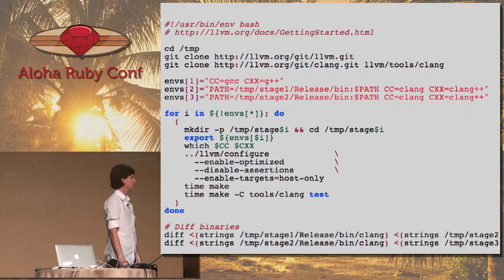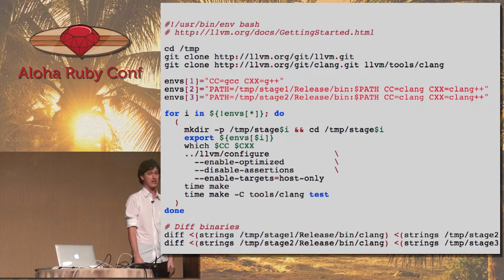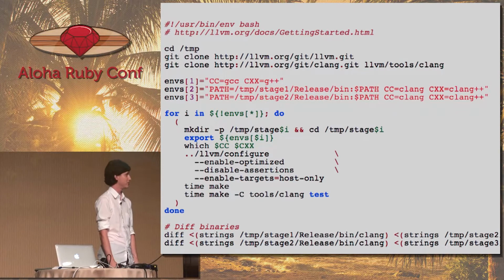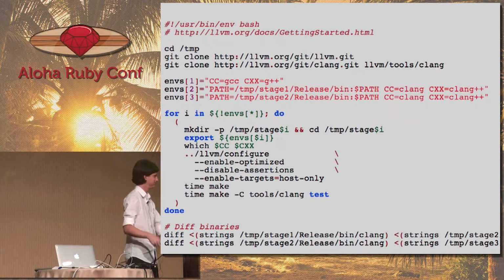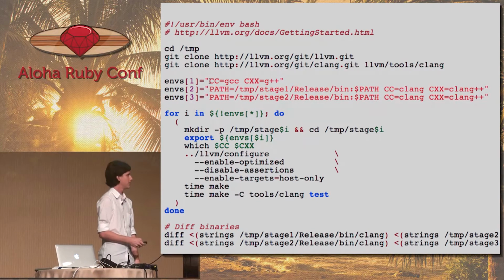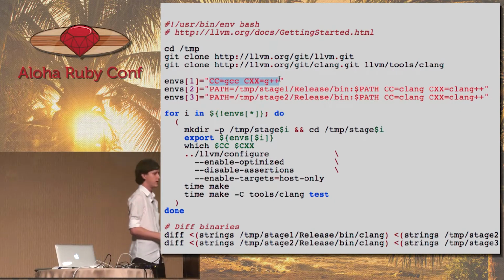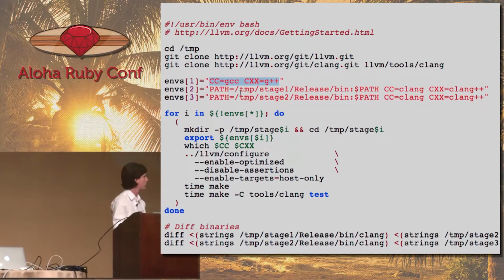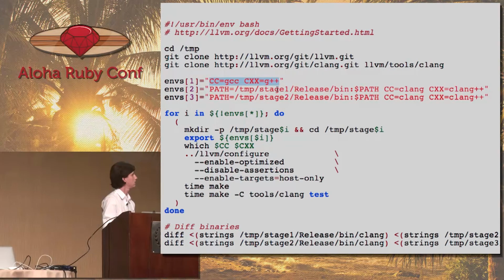So we're going to do a three-stage bootstrap of this tool. Read the Getting Started Guide for LLVM. The Getting Started Guide is probably 100 pages of just crazy C compiler stuff, but I can cut it all down here to three steps. Excuse my shell script, but for the first one, we're going to build LLVM with GCC and G++.